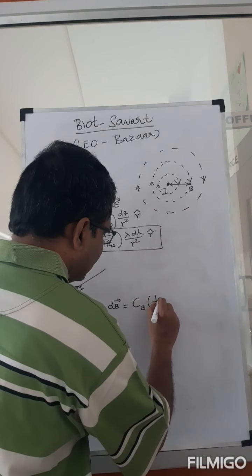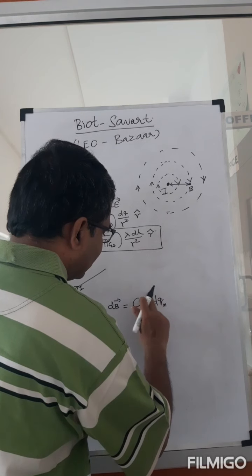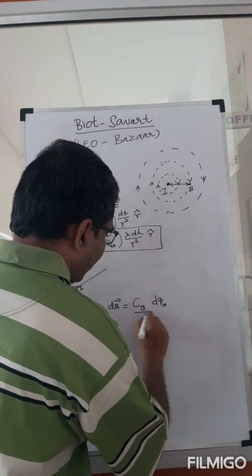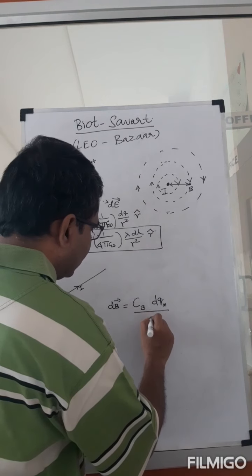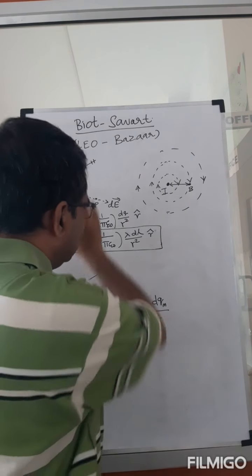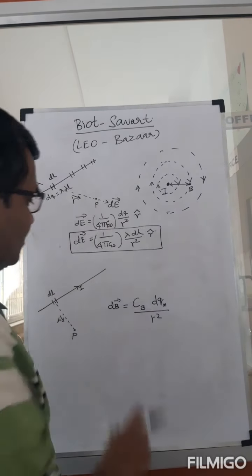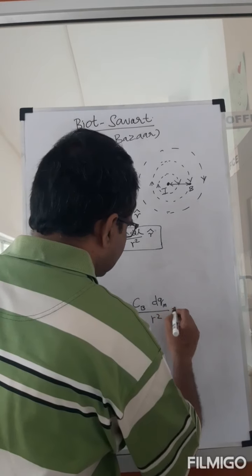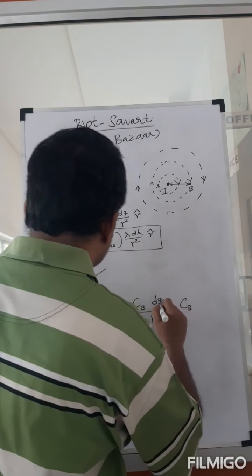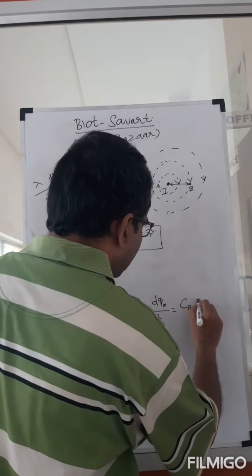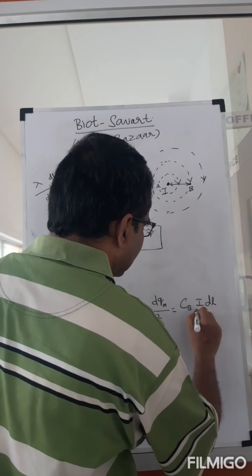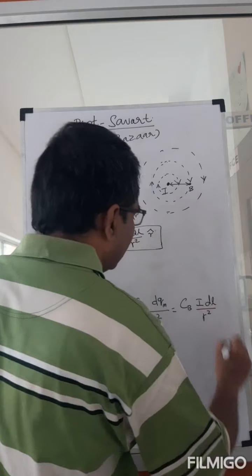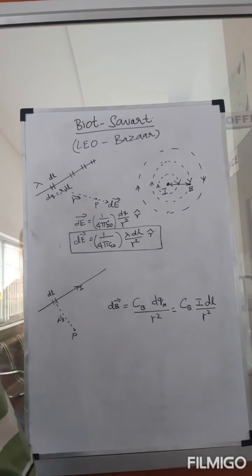I call this a dq m or something, by r squared, by analogy. But what is my dq m? My dq m is Cb into I dl by r squared. Just like this.